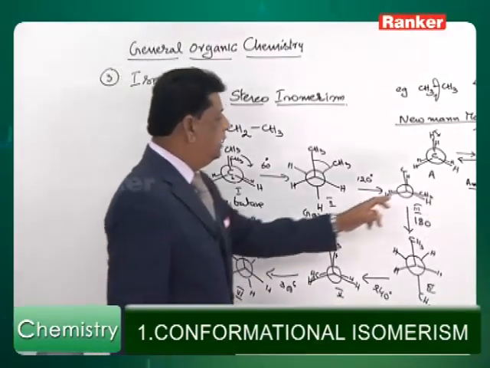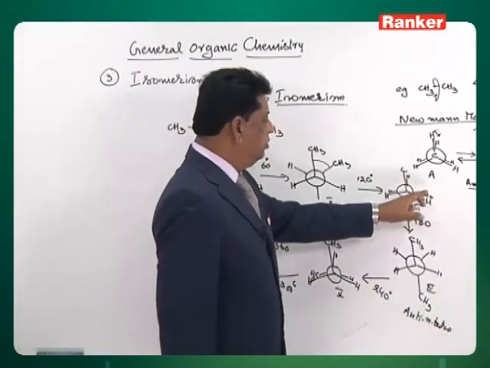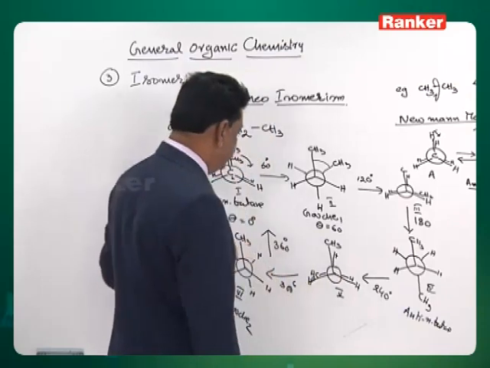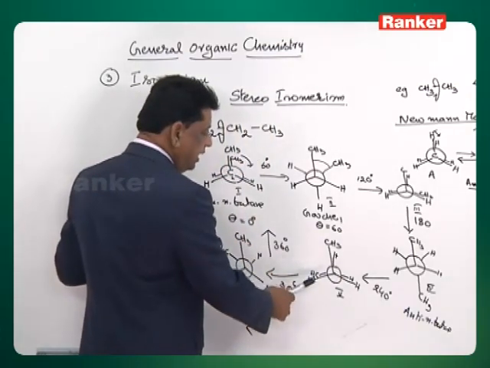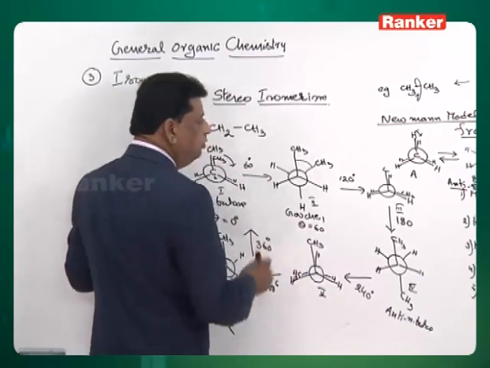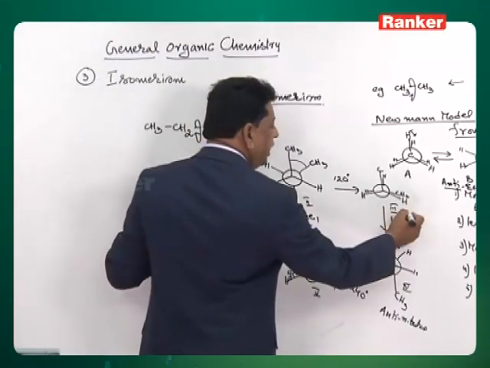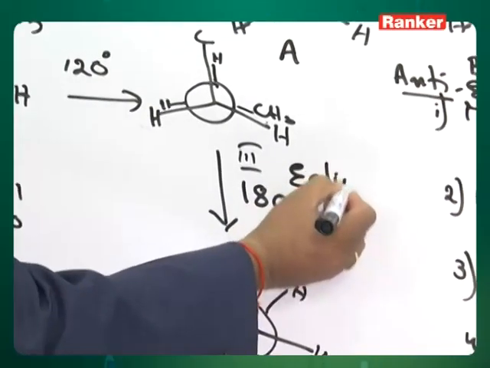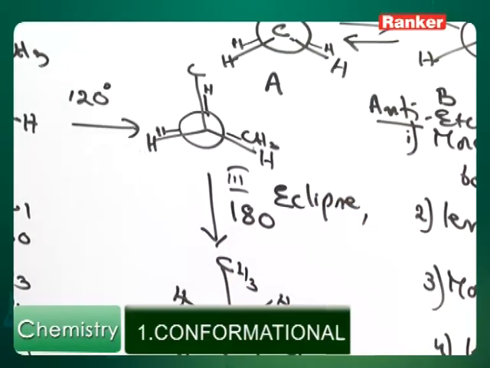Where one methyl-hydrogen, methyl-hydrogen pair, two times it is overlapping, isn't it? In this case also methyl-hydrogen, methyl-hydrogen. This overlapping situation is called the eclipse conformer. Eclipse 1, eclipse 2.